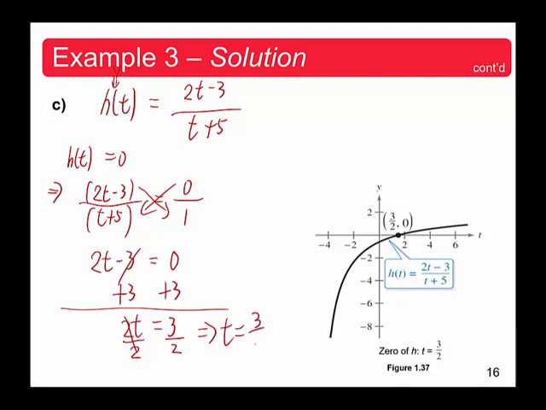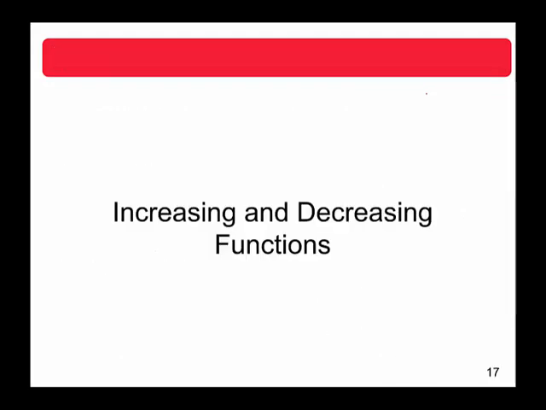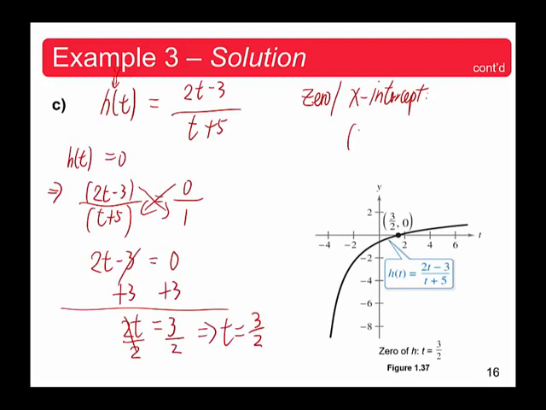And so therefore, for this particular function, we have only one x-intercept, or zero. And that zero turned out to be 3 over 2 and 0. Okay. You can also verify that easily from the graph. It's only one x-intercept.